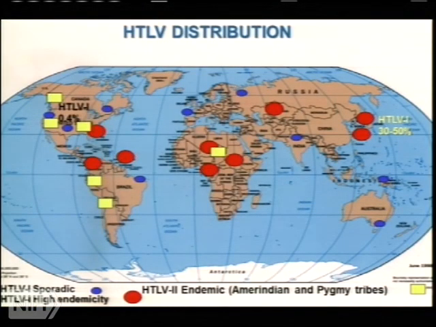Before we launch into HIV, let's start with the NCI virus, right? That's human T-cell leukemia virus. This was the first retrovirus found in human populations to be a cause of disease.